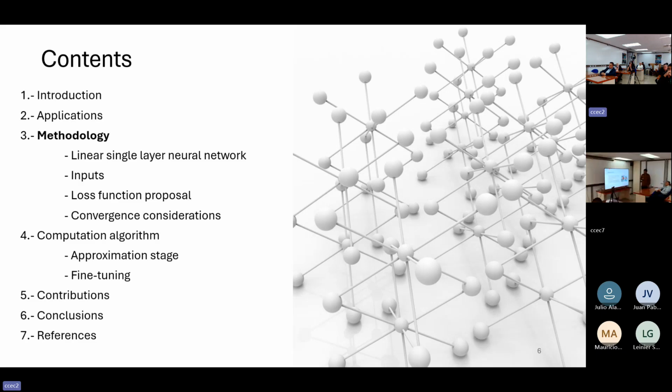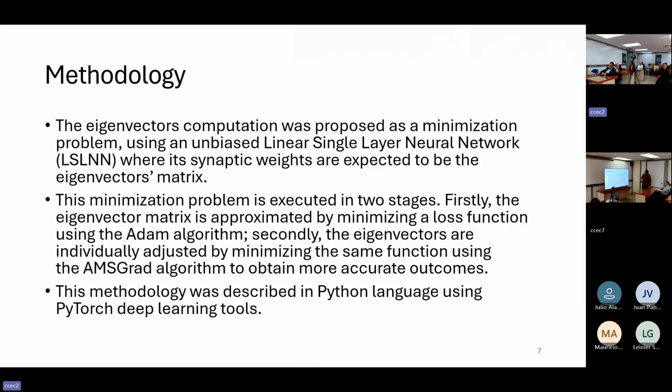I am going to talk about the methodology we use in the development of this work. The computation of eigenvectors was proposed as a minimization problem. We use a linear single-layer neural network whose synaptic weights are expected to be the eigenvector matrix. This minimization problem was performed in two stages.